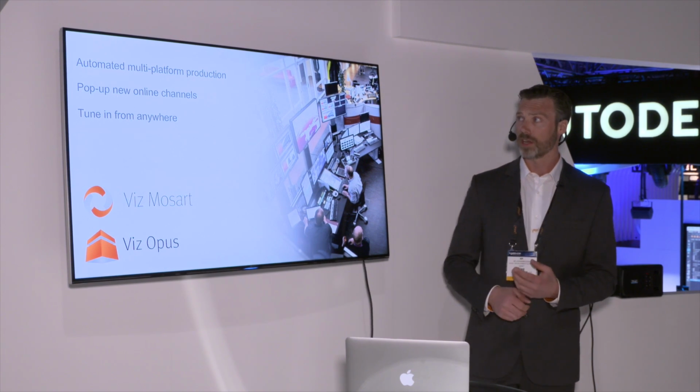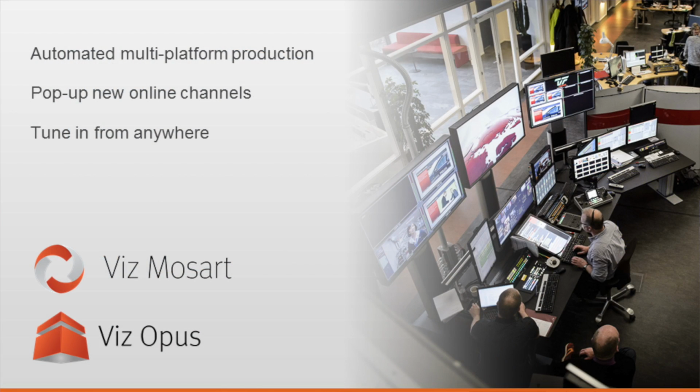One of the things we're very proud of, we think is fantastic, is how we're taking our studio automation, the Viz Mozart system, but also the sister product, the Studio in a Box product called the Viz Opus, and how we can be incredibly efficient, with a very low form factor and footprint system, enabling our customers to create content and actively seek those new targeted platforms.